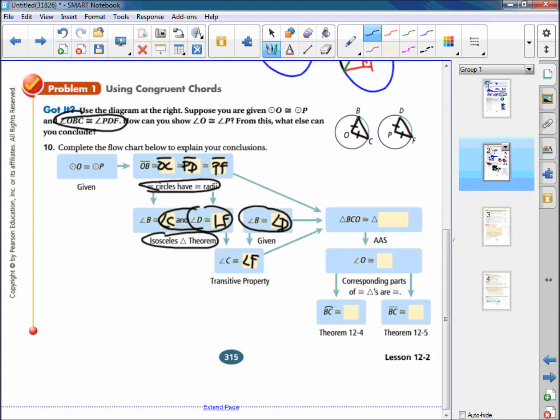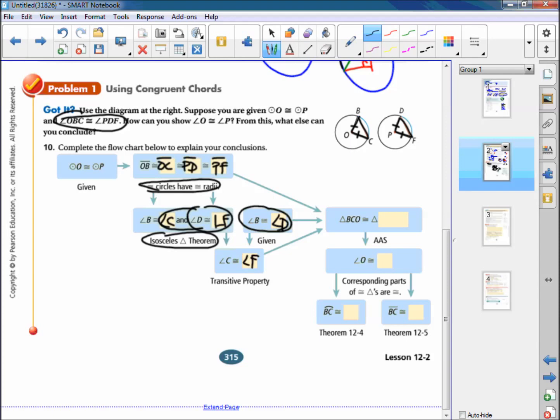So we know that B and D are the same, so we can put the D over here, and then C is already over here, so C and F are the same by transitive property. All right, and then we got C and F are the same.